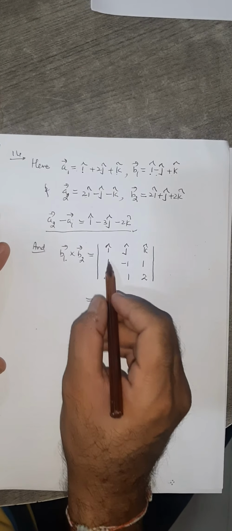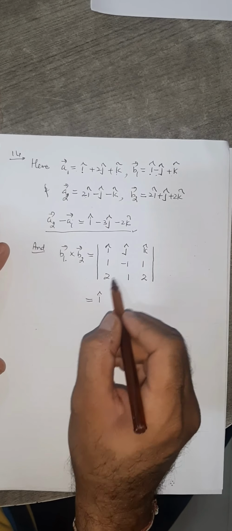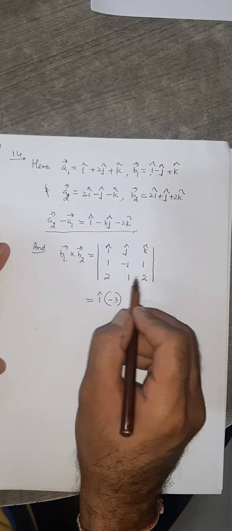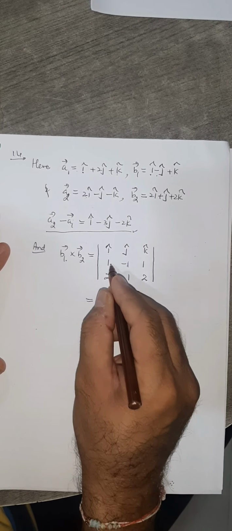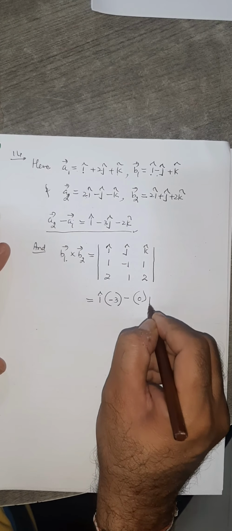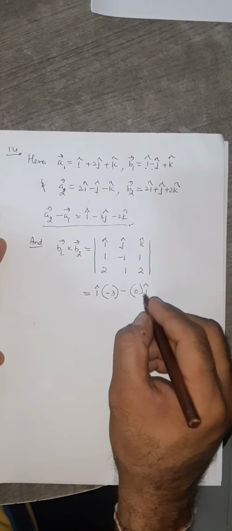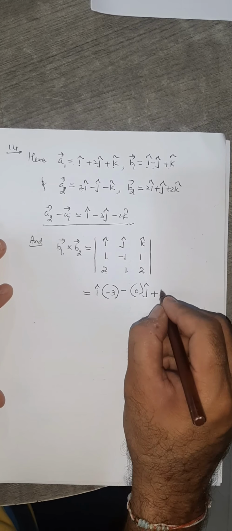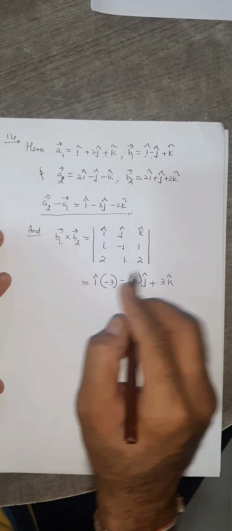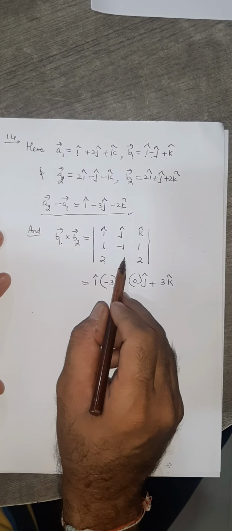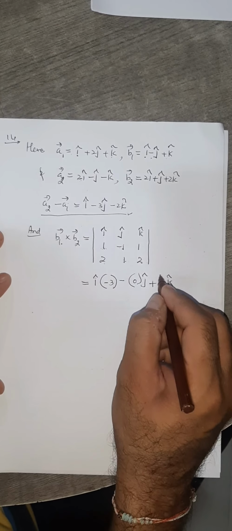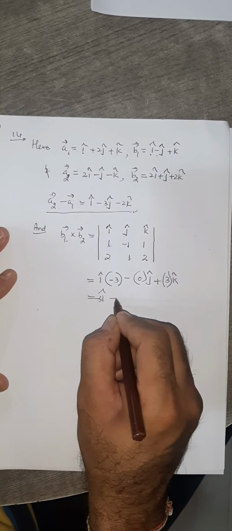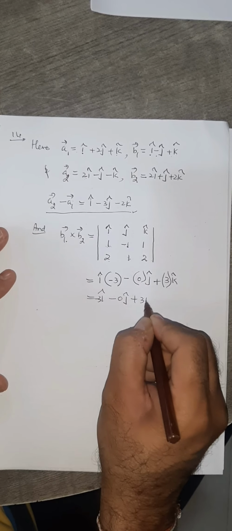So here the i cap is given by minus 2 minus 1, then minus j cap times 2 minus 2 which is 0, plus k cap times 1 plus 2 which is 3. So you are getting minus 3 i cap minus 0 j cap plus 3 k cap.